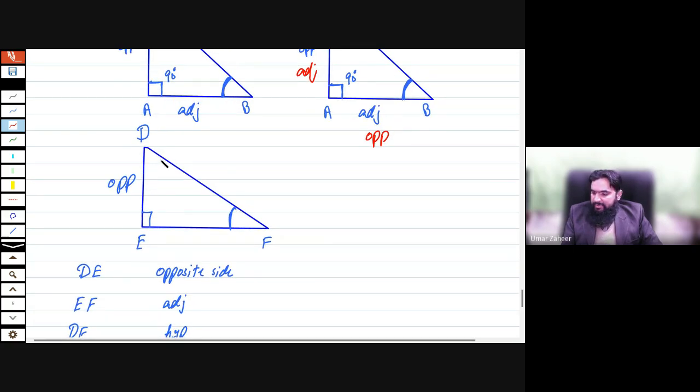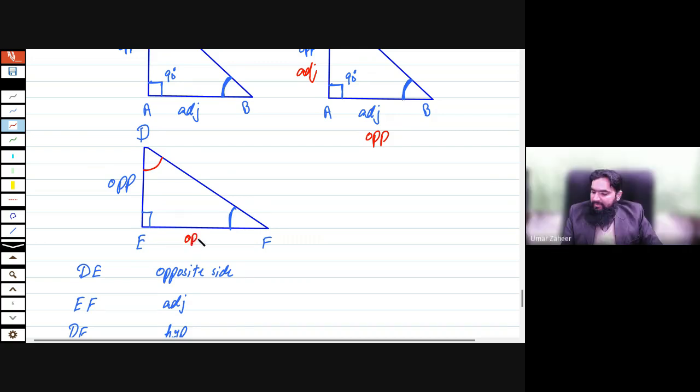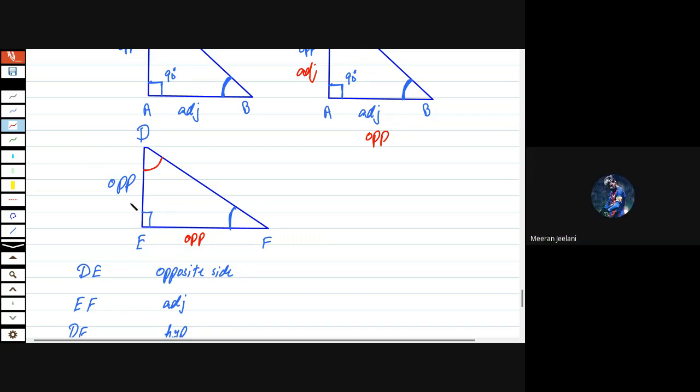Tell me about angle D. Mehran, according to angle D, which side is opposite? EF is going to be opposite according to angle D. And which is adjacent? Adjacent is DE.